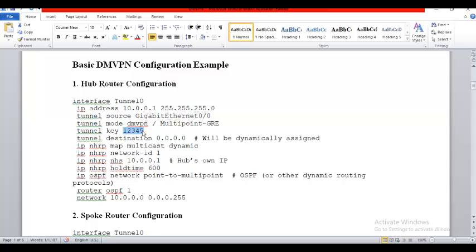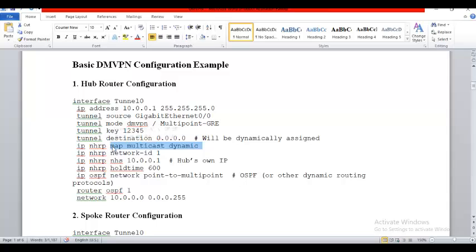And then IP NHRP map multicast dynamic. This is the command that you should use if you are going to use routing protocols to share the routes via the tunnel. All routing protocols use what? Multicasting.